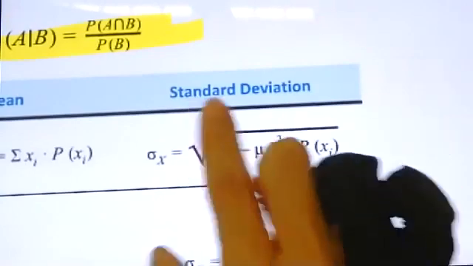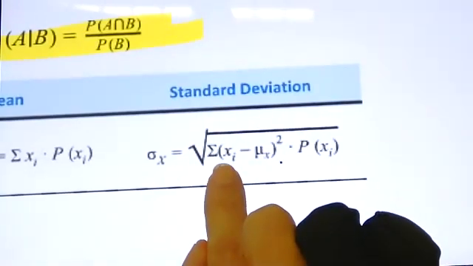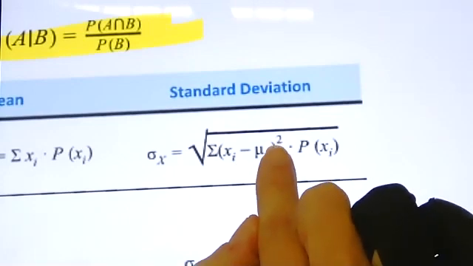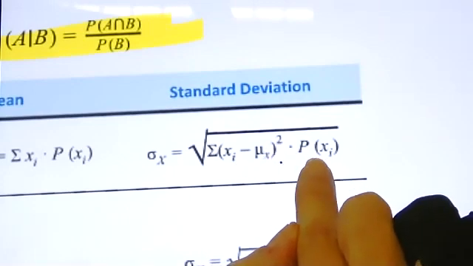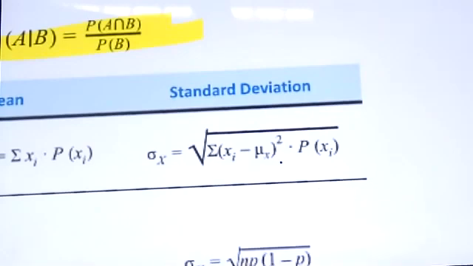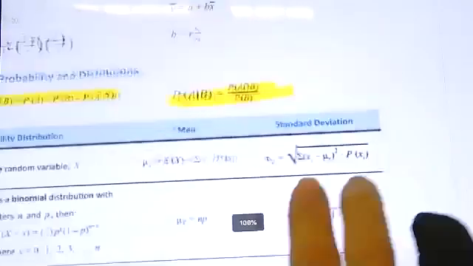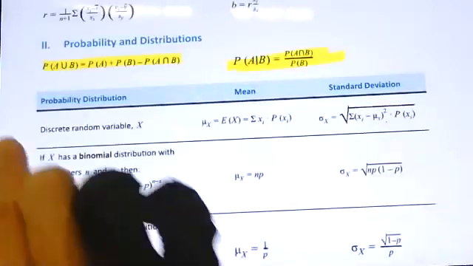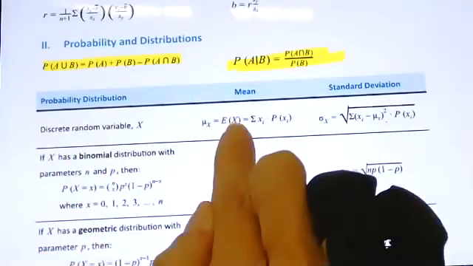For the standard deviation, big old square root, you take each x, you subtract the mean, you square it, you multiply it by its probability, and then you add them all up. You do that for each value in your table, okay? So both of those formulas are there. It even says discrete random variable. Here's the mean, here's the standard deviation.